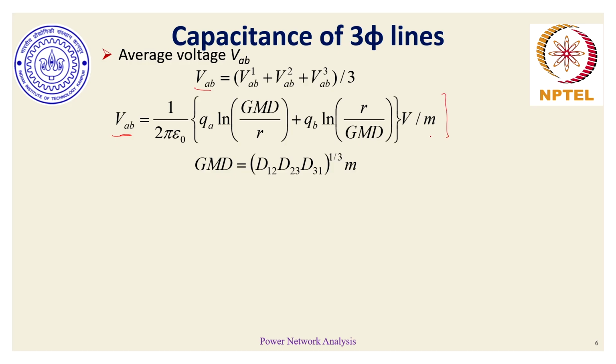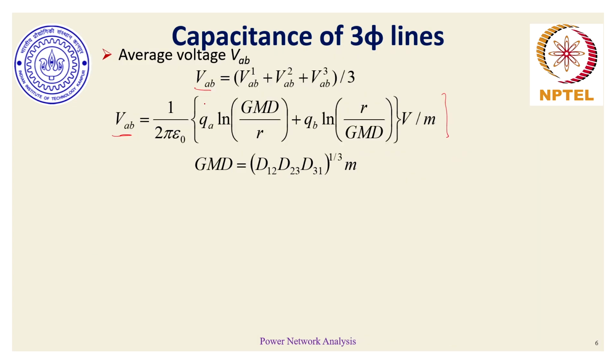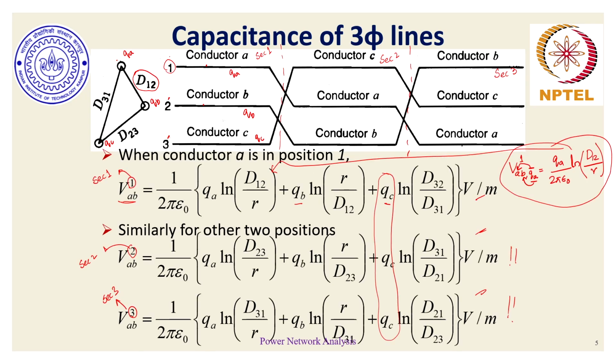So the question here is, what happened to the term associated with QC? Why do we have only terms representing QA and QB, wherein we have brought in the notion of GMD, geometric mean distance, similar to the inductance discussion? Why do only QA and QB terms appear here, whereas in the previous slide there are terms with respect to QC also? Now, focus on the terms with respect to QC, the first terms being common in all three expressions.